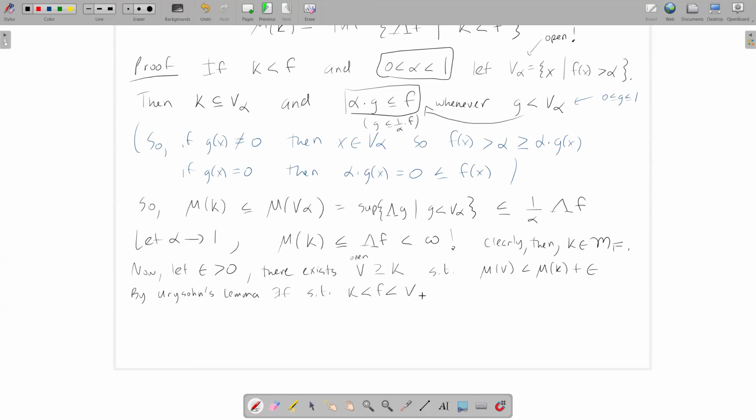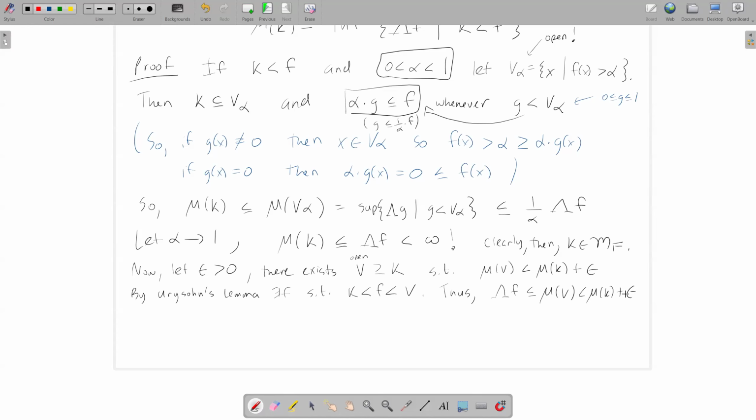Thus lambda of f is less than or equal to the measure of V, because V is open, which is less than the measure of K plus epsilon.